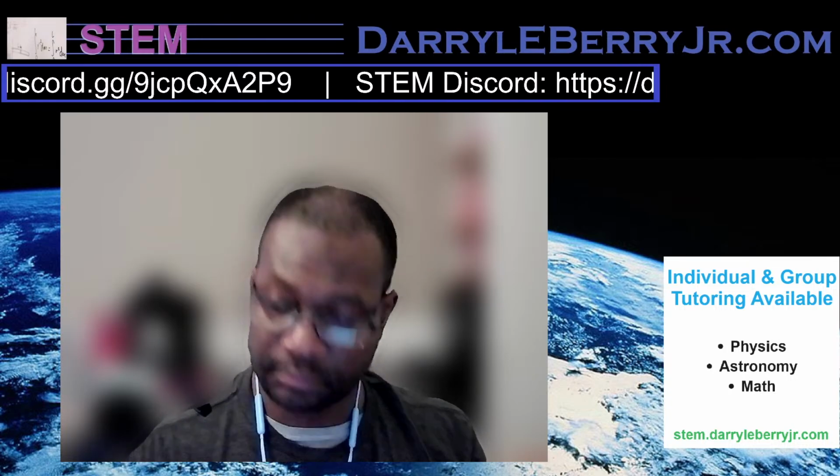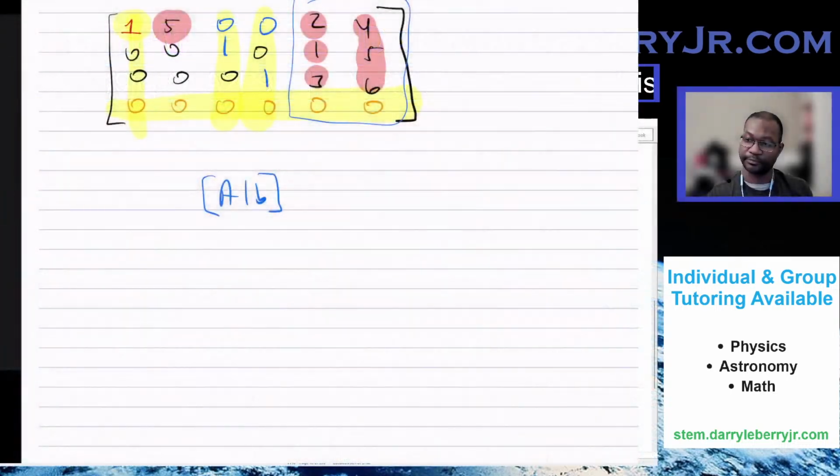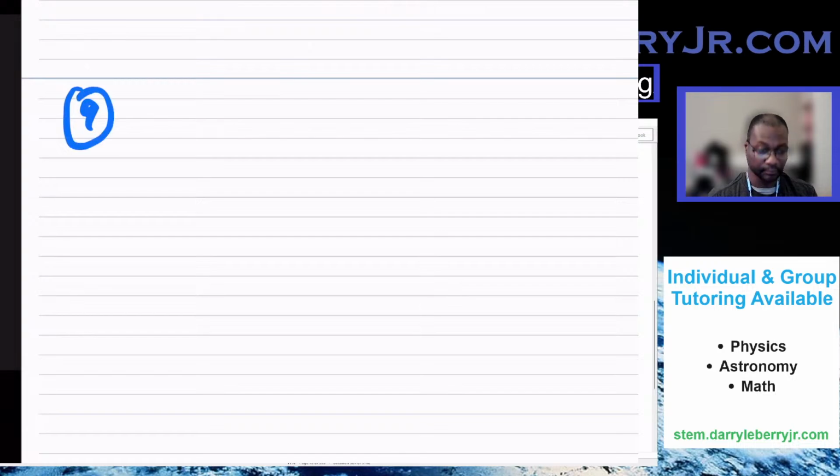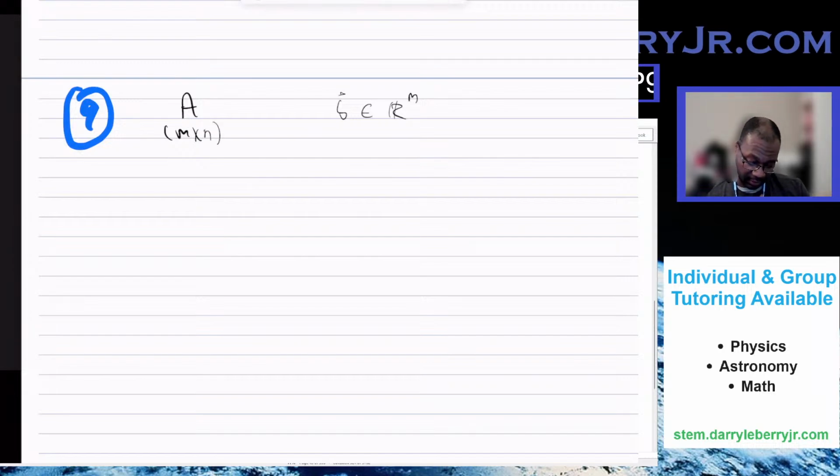Exam review. Now let's see what we're looking at here. So I know vectors will do that later. Okay, 9 proof. It says let A be an n by n matrix, and let B be in Rm.